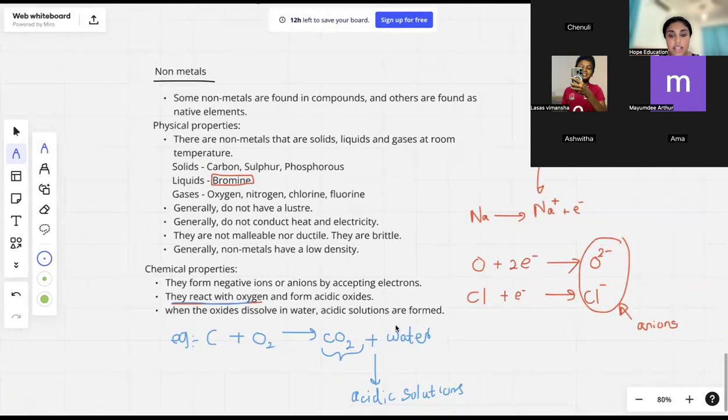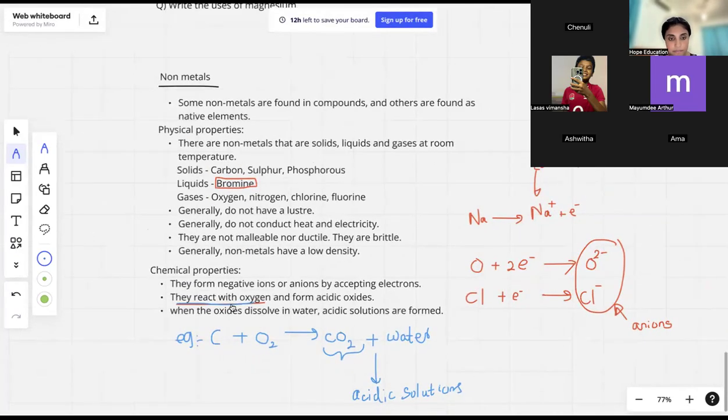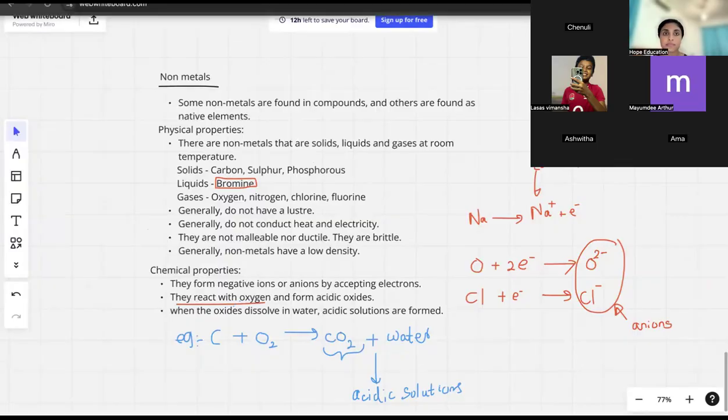Yes, underline them. Okay, teacher. Let me know when you're done.